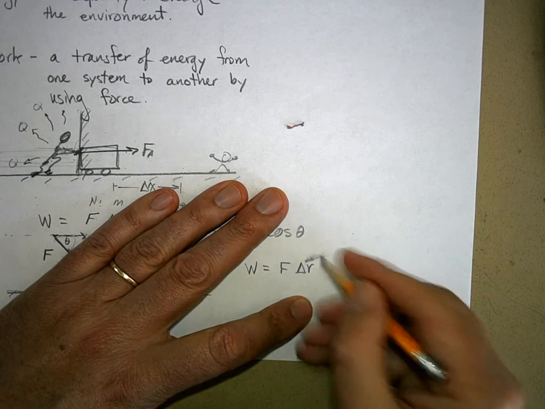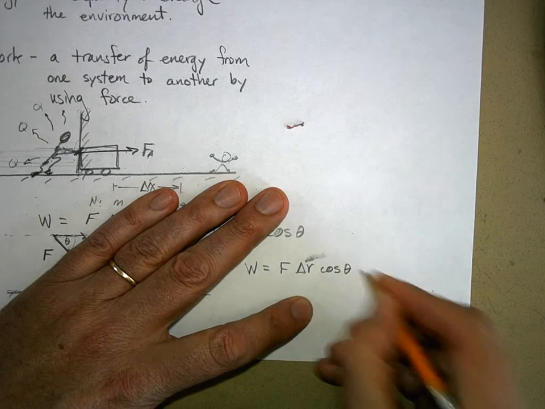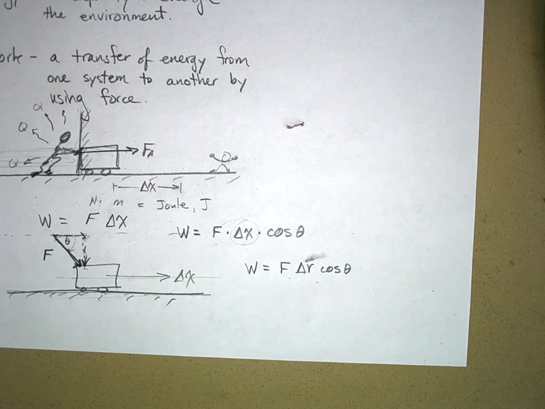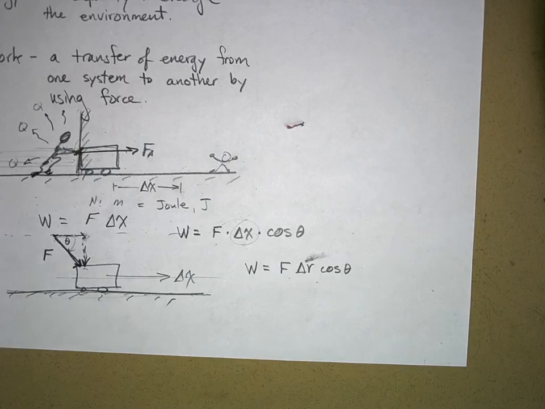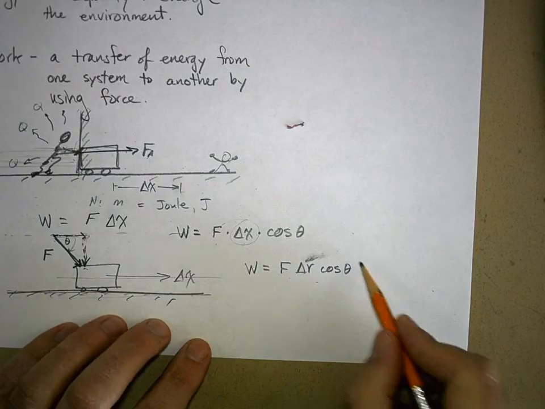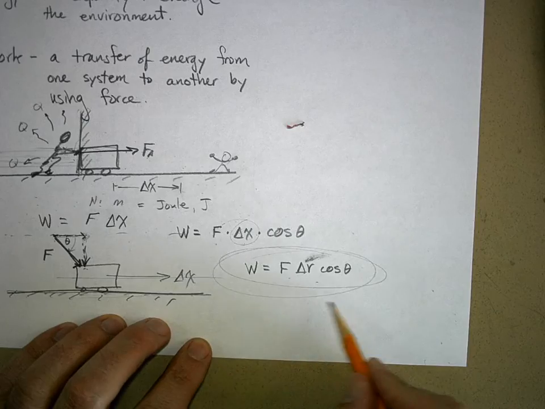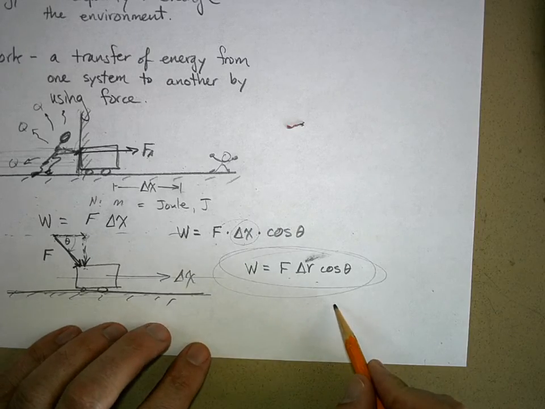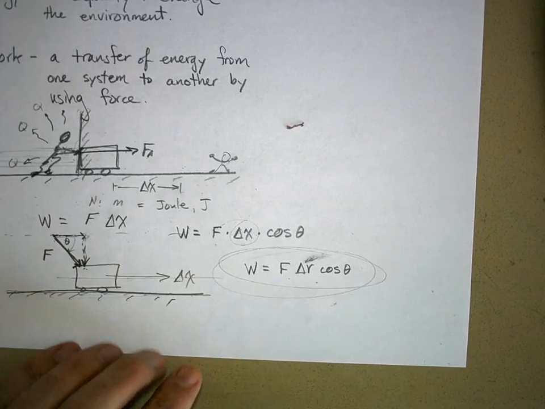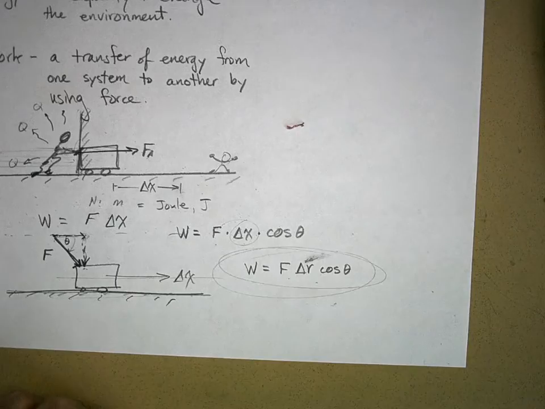Times the cosine of the angle between my force and my displacement. And that tells you how much energy you transferred into the object. Okay? And so this is really the regular physics, maybe getting into AP physics definition of work. And this is the equation that you're going to use to solve problems in this current section.